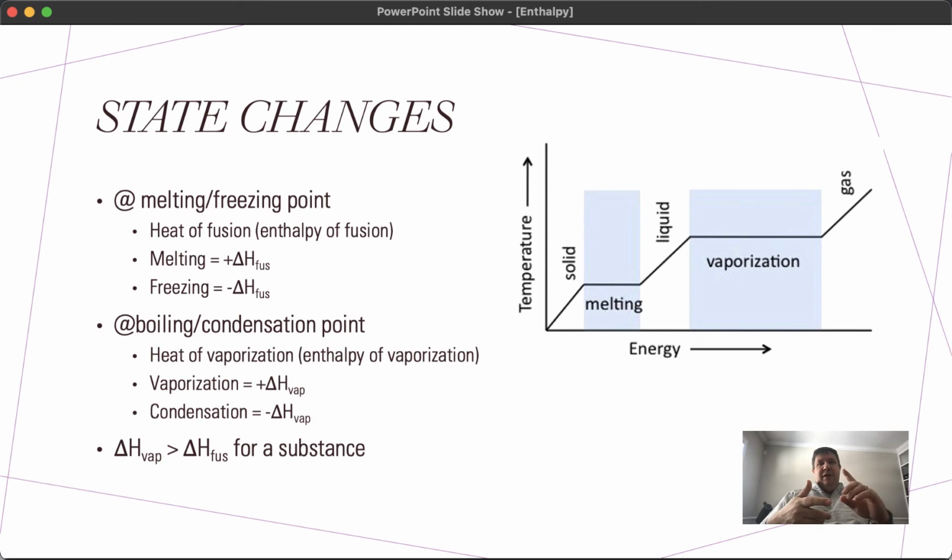Solids have interparticle attraction that holds things together. Liquids have interparticle attraction that holds things together a little bit more loosely than a solid, but they still have some type of interparticle connection that's being maintained. In a gas, that's gone. So it takes a little more effort to get that to spread apart.